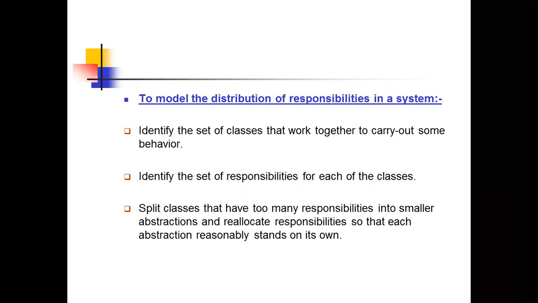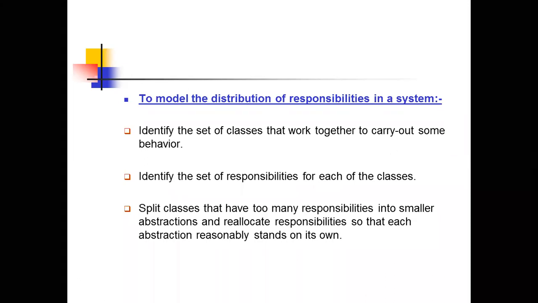For example, we have teacher as a class and student as a class, so we have to identify the teacher's responsibilities and the student's responsibilities. By their work assignment, we distribute their responsibilities. We have to split the classes that have too many responsibilities into smaller abstractions.